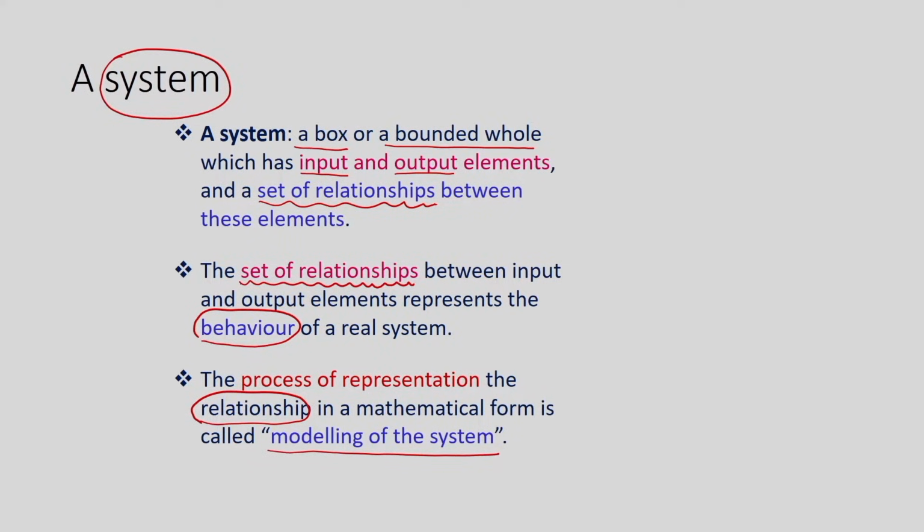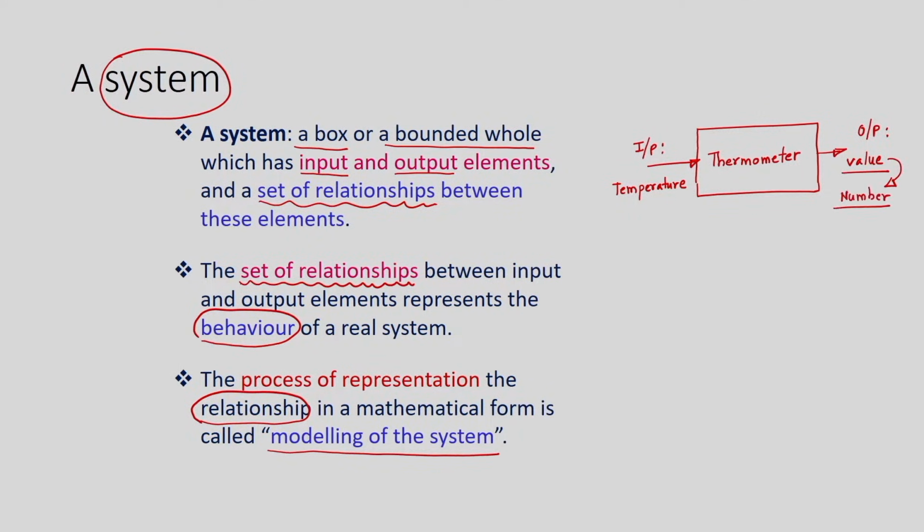A simple example of a system is a thermometer. Thermometer is a very common system that we have. The input to the thermometer is temperature, as the thermometer measures the temperature. What we get from this thermometer is a value, or a number, displayed on the screen if it is a digital thermometer, or we can see it on a scale if it is an analog thermometer.